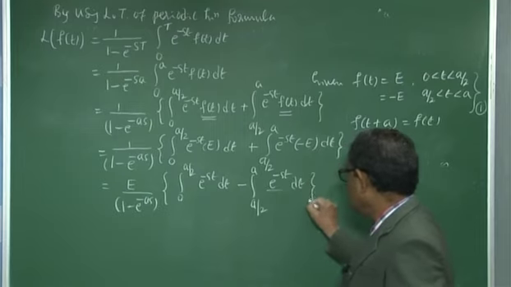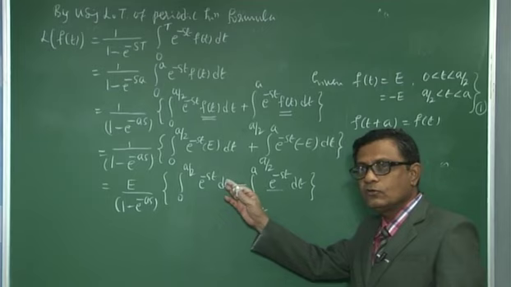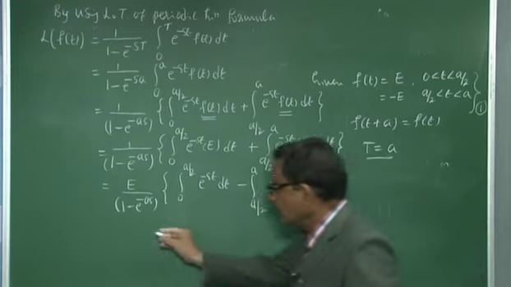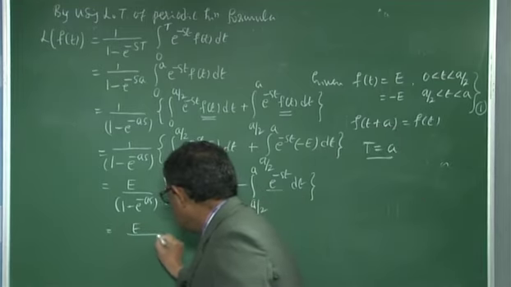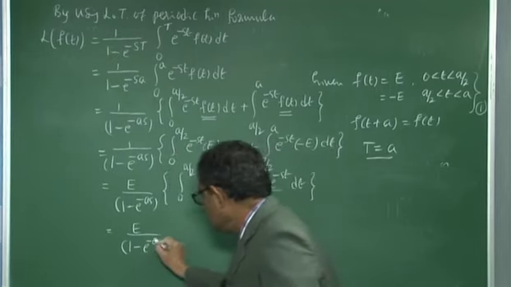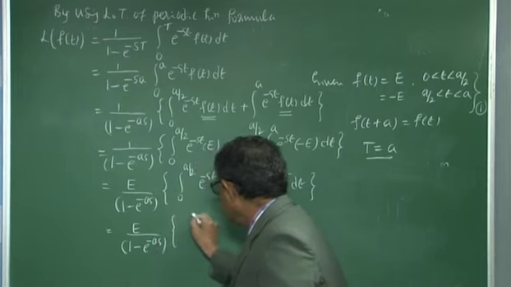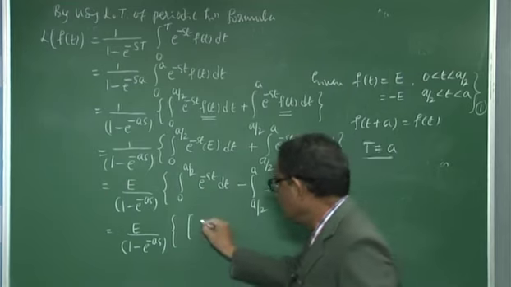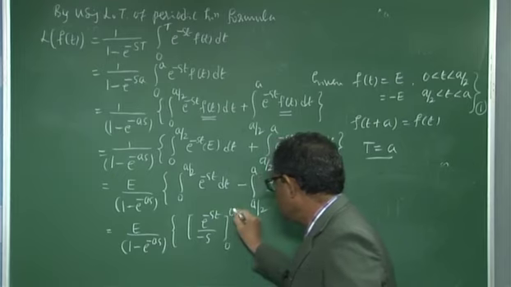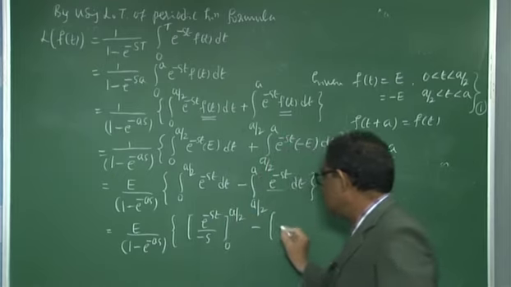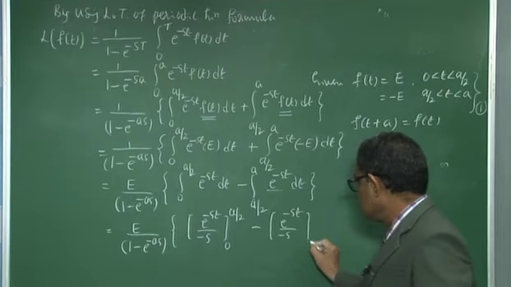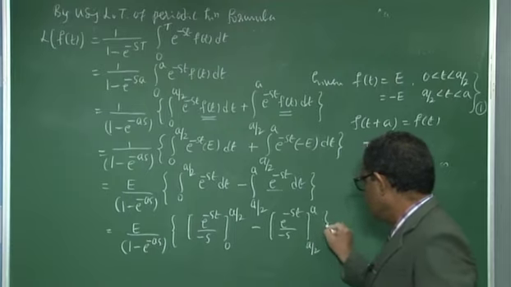Now integrate. Integration of e raised to ax dx is e raised to ax by a. Now you can easily integrate. E divided by 1 minus e raised to minus sa. You can do the integration with respect to t: e raised to minus st by minus s from 0 to a by 2, minus the second term, e raised to minus st by minus s from a by 2 to a.